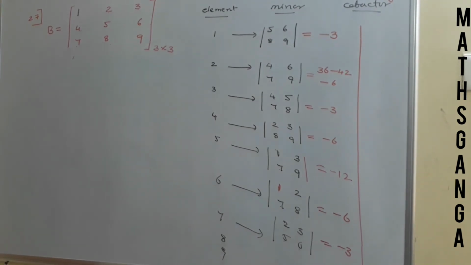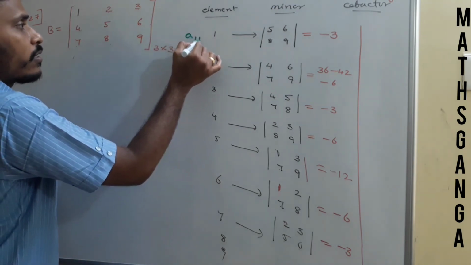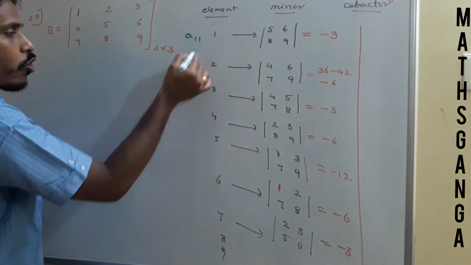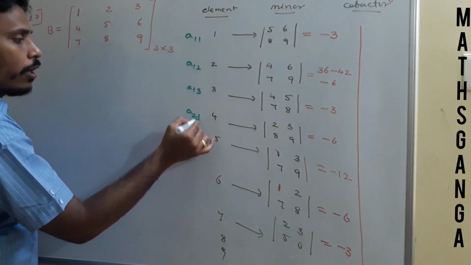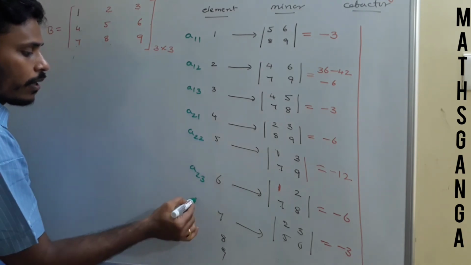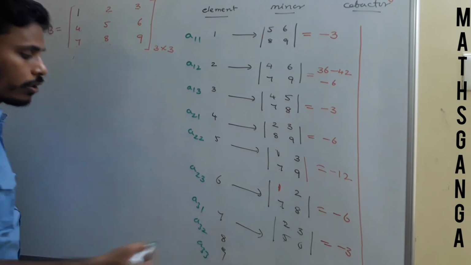See, you just pay your attention to the positions. Simply look there. This is A11, this is A12, this is A13. First row first column, first row second column, first row third column, second row first column, second row second column, second row third column, and then third row first column, third row second column, third row third column.